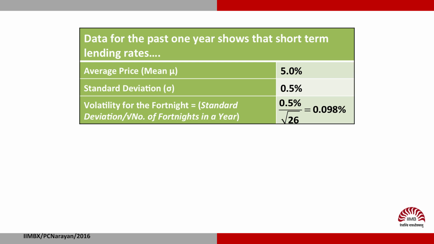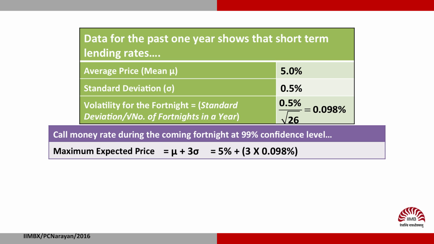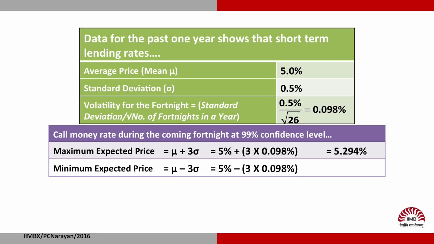With the above statistics, we can estimate that the call money rate during the coming fortnight at 99% confidence level would be a maximum of 5% plus 3 into 0.098, which is 5.294% per annum, and the minimum would be 5% minus 3 into 0.098 or 4.706% per annum.